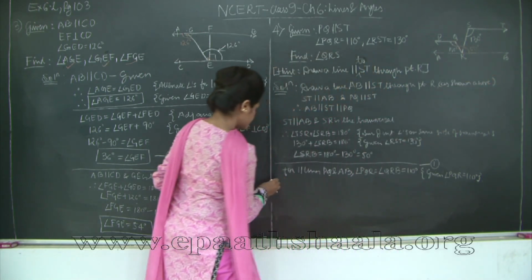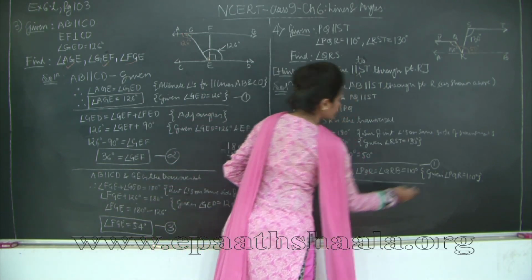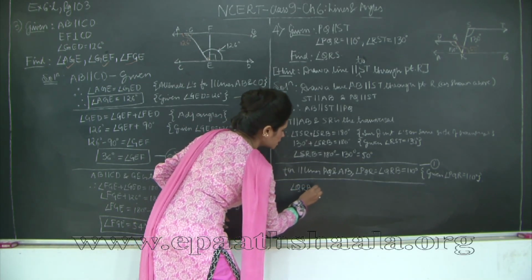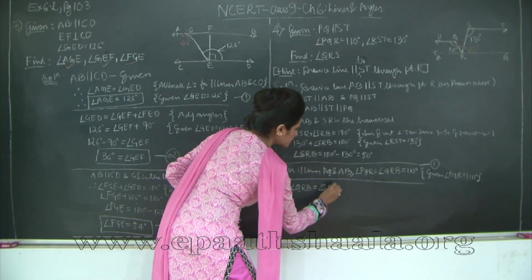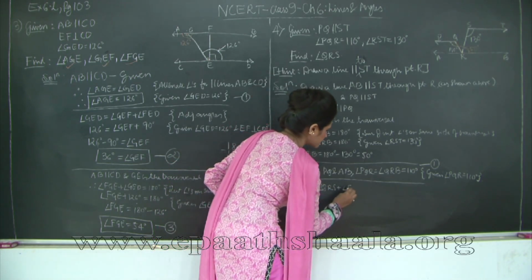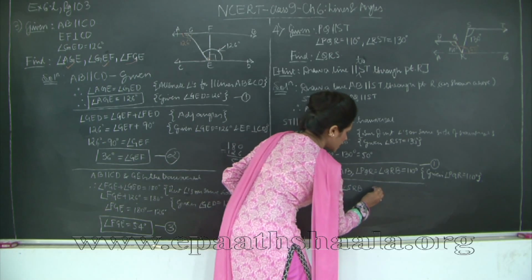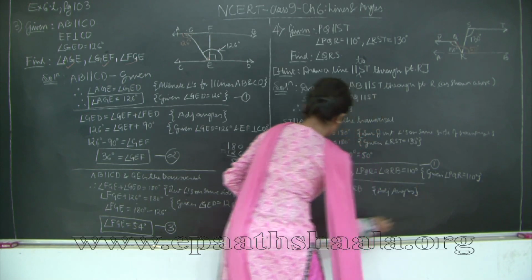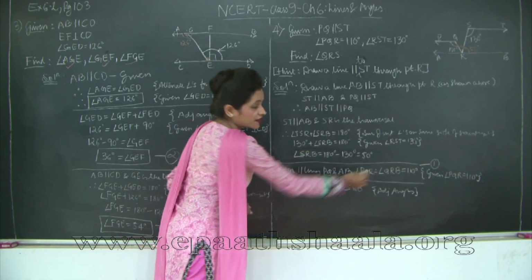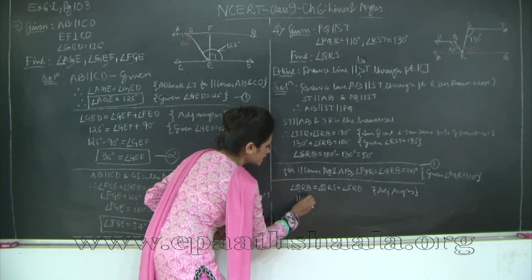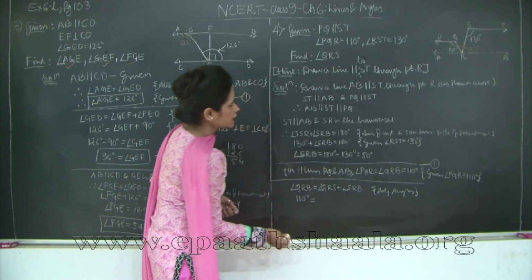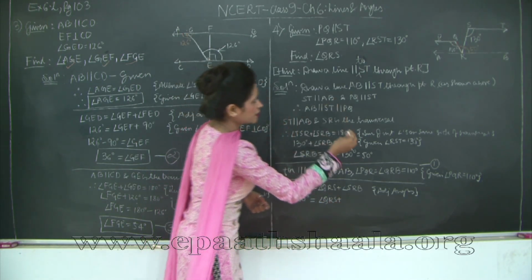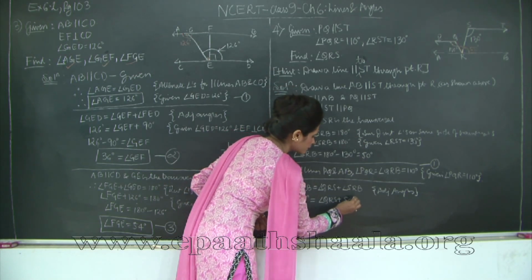So let's write this down. Angle QRB is equal to angle QRS plus angle SRB, adjacent angles. But what is the measure of angle QRB? We just found that it is 110 degrees. Therefore, 110 degrees is equal to angle QRS, which is what we need to find, plus angle SRB. SRB is 50 degrees.